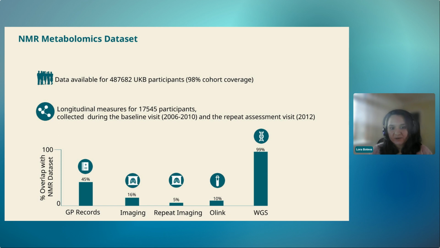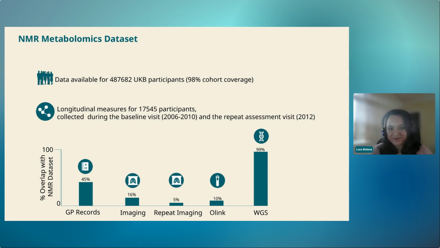Luke briefly mentioned the Olink coverage as well. 10% of the participants included in the NMR study also have data for Olink. For those of you that are not familiar, this is a targeted proteomics affinity-based assay that measures about 3,000 proteins found in serum. Again, there is a possibility this might be extended in the future, both in terms of cohort coverage and the number of proteins assayed.